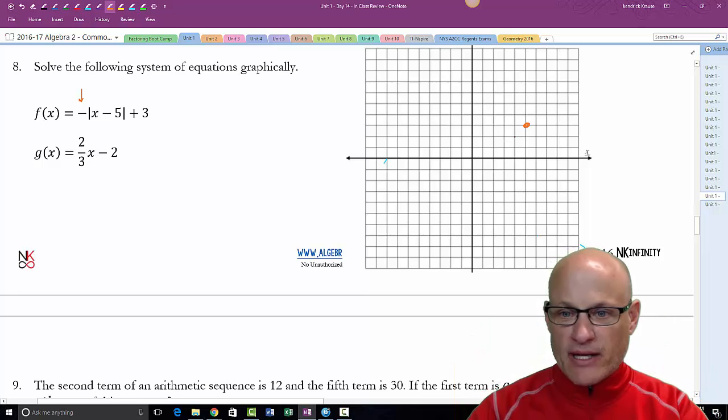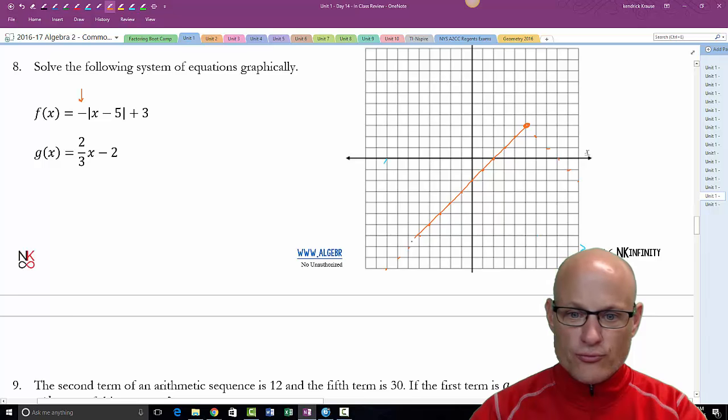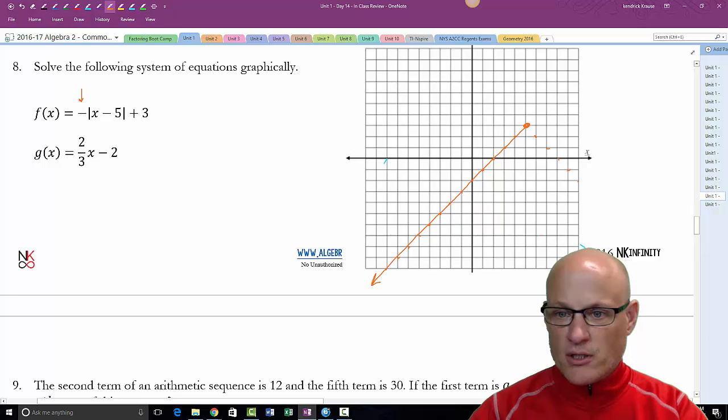So I know I'm going to be coming down by ones. Now, drawing on this tablet I use is quite difficult. So I just do this. And this. There we go.